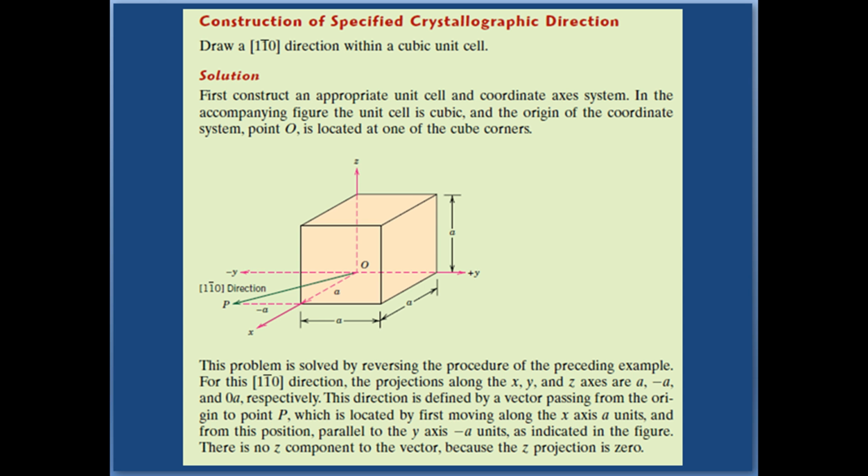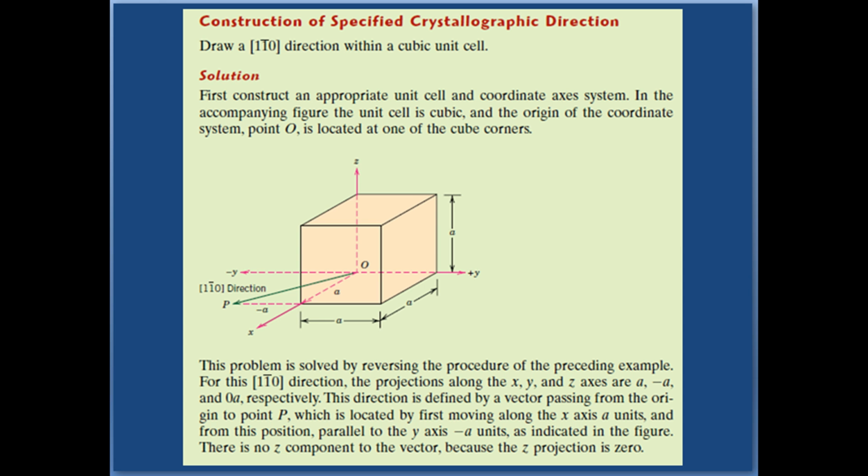Now we make the projections along the x, y and z axes based on these indices. For the x axis the projection is a, for the y axis it is minus a, and for the z axis it is 0a respectively.